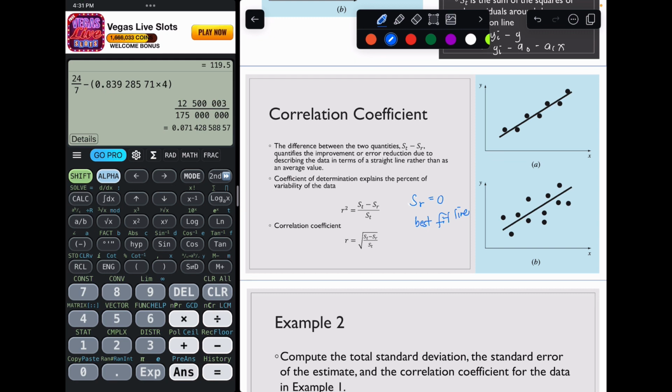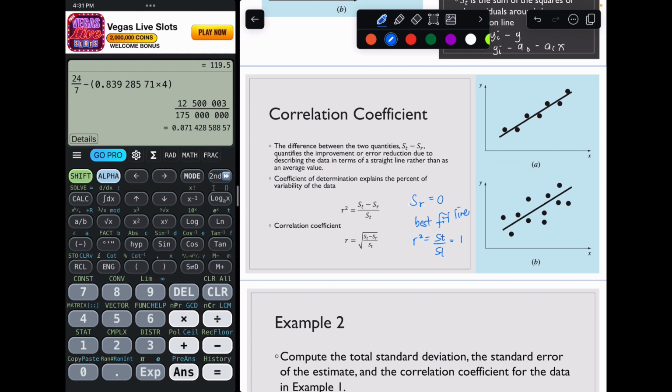So when S sub r is equal to 0, our r squared would just be S sub t over S sub t, which is equal to 1. That means when the coefficient of determination is 1, 100% of the data is best explained by the behavior of the regression line.